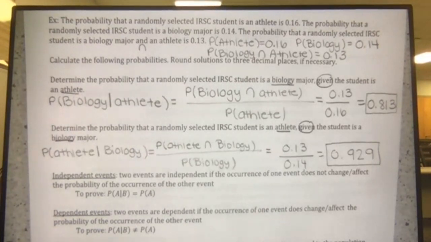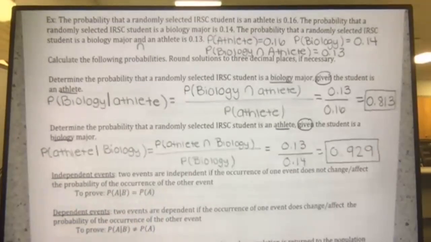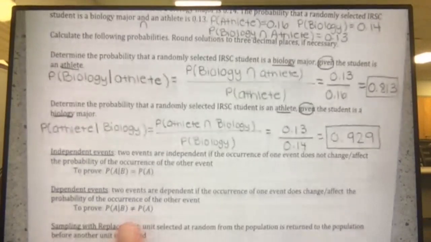We're going to say that the probability of A given B has to be the same thing as the probability of A in order for them to be independent. For dependent events, 2 events are dependent if the occurrence of one changes or affects the probability of the occurrence of another. So if they're not equal, the probability of A given B is not equal to the probability of A, that means they are dependent. We'll see that in a minute.